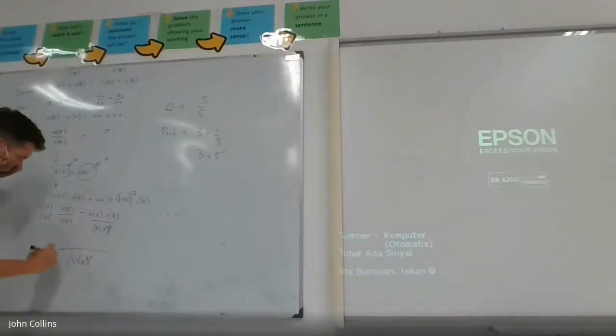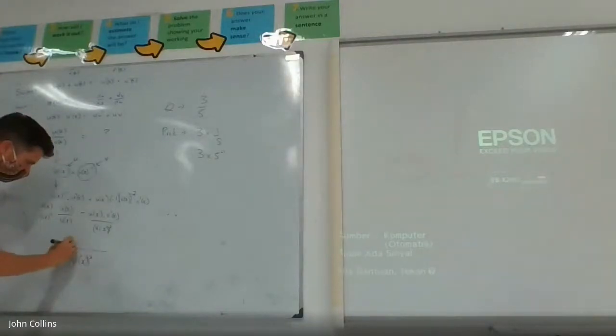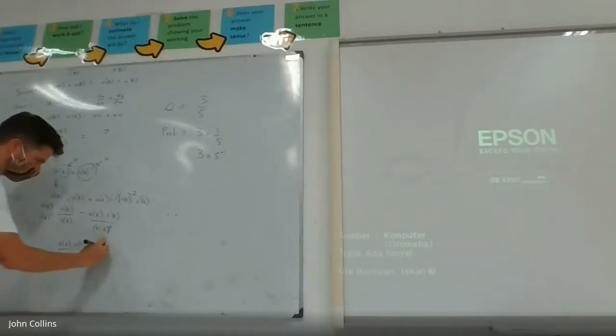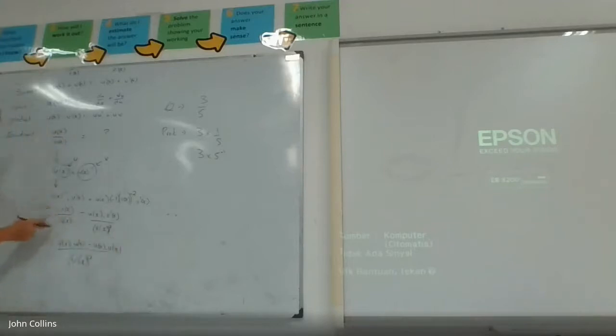And that's going to be times vx times u dash x minus ux times v dash x. So just multiply that by that, and that's vx squared.